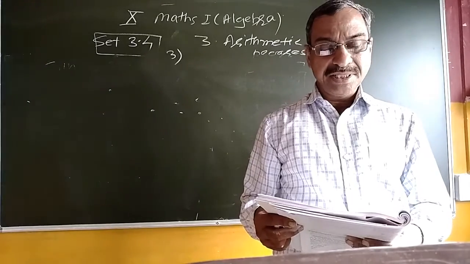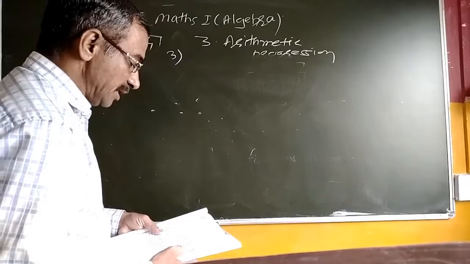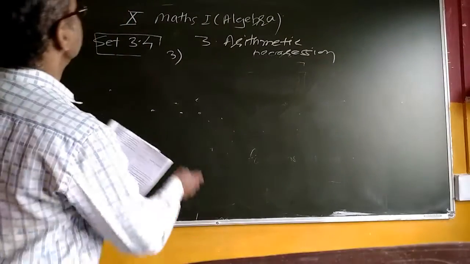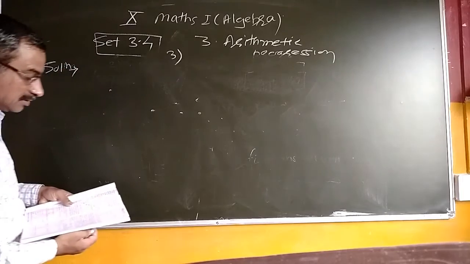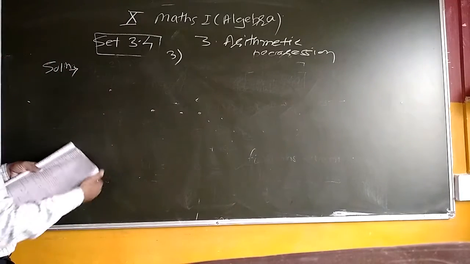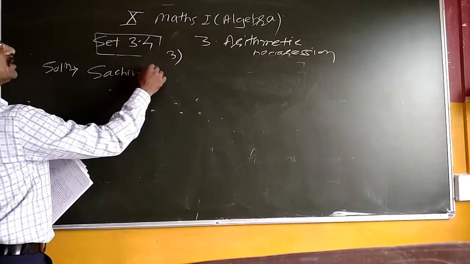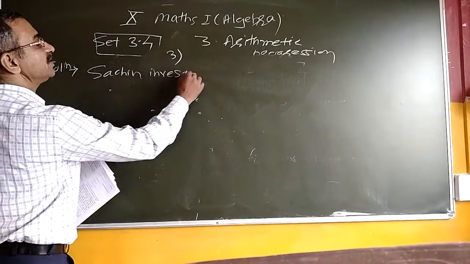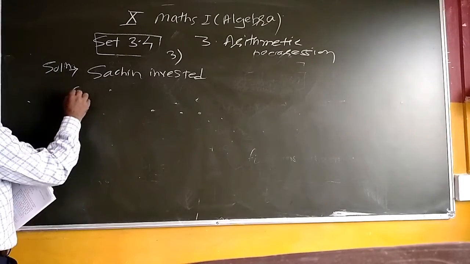How much amount did he invest in 12 years? So firstly, we will write what is given. Sachin invested the amount in the first year, 5,000 rupees.